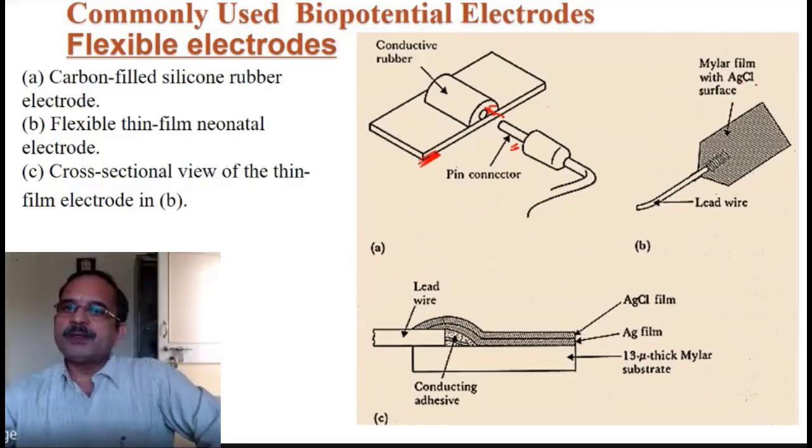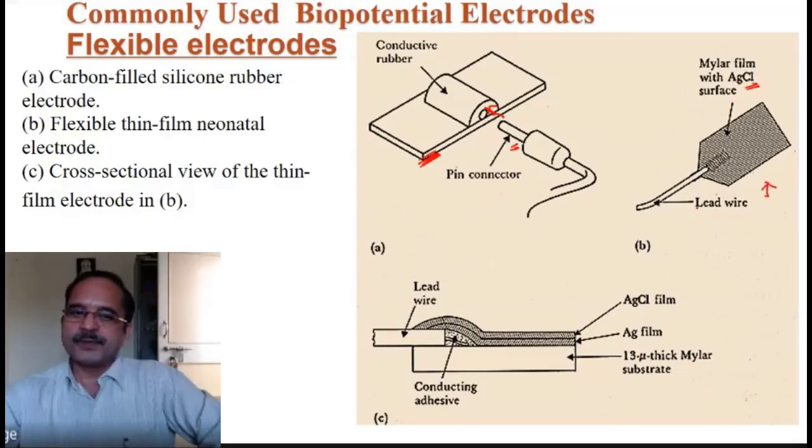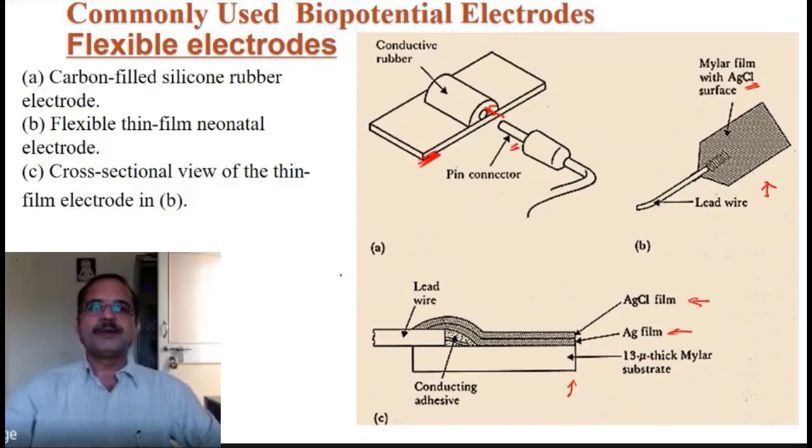Then mylar film with silver chloride surface, which is another type of surface electrode. This third one has a lead wire, conductive adhesive, a 13 micrometer thick mylar substrate, silver film, and silver chloride film. So these are different types of flexible surface electrodes.